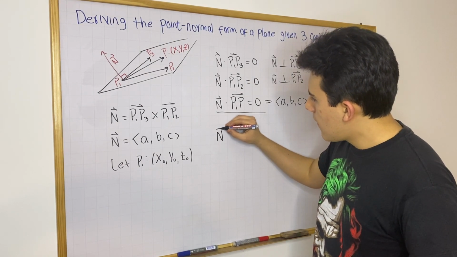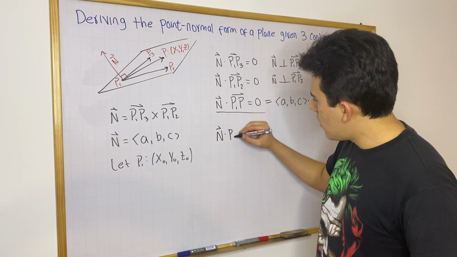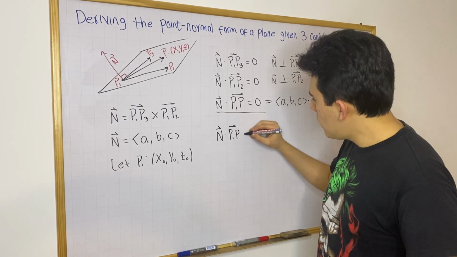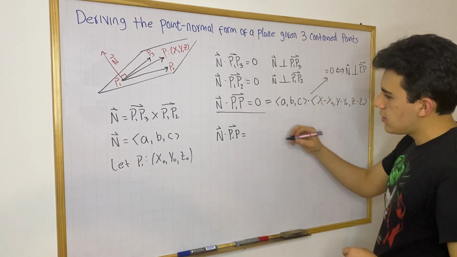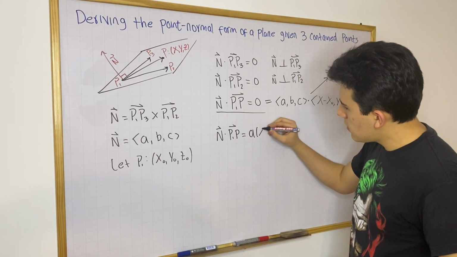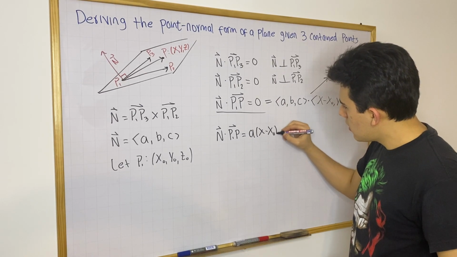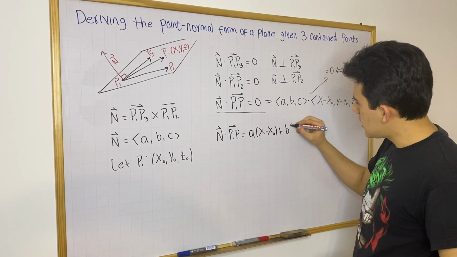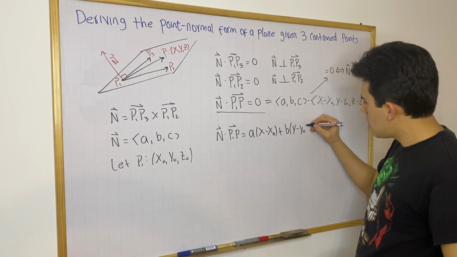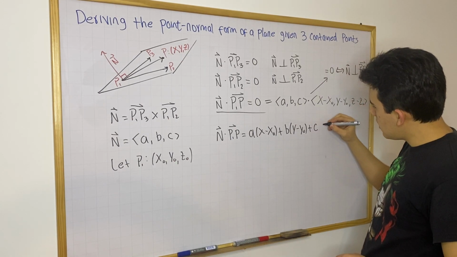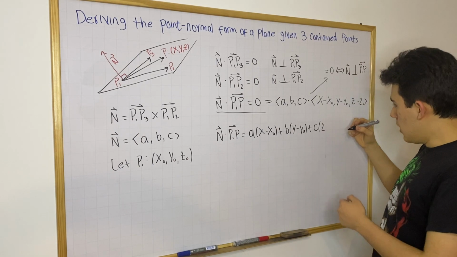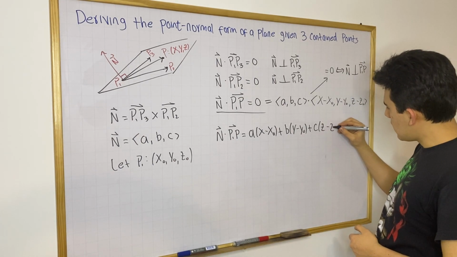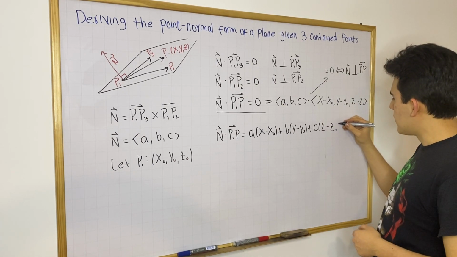You can use that formula here, and we're going to get that n dot P1P will be equal to A times (x minus x naught), plus B times (y minus y naught), plus C times (z minus z naught), okay?